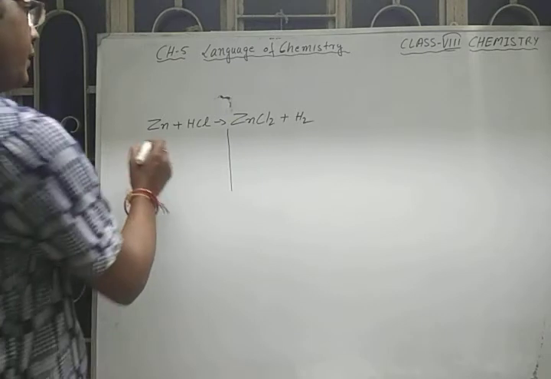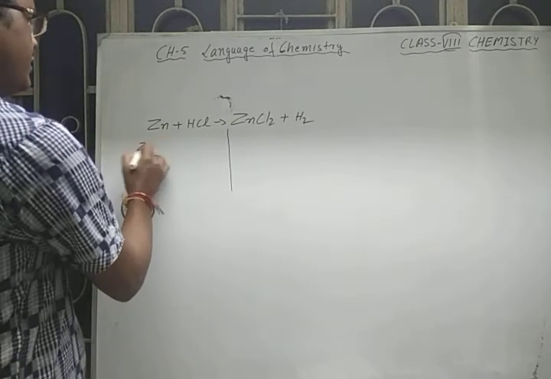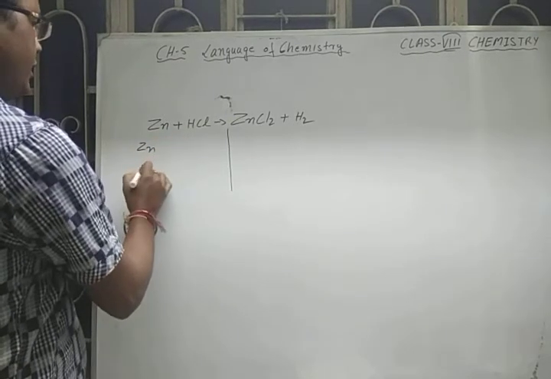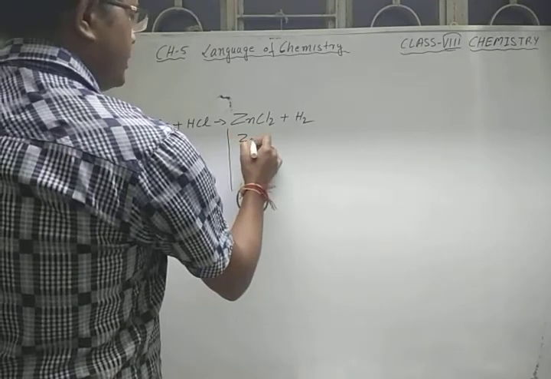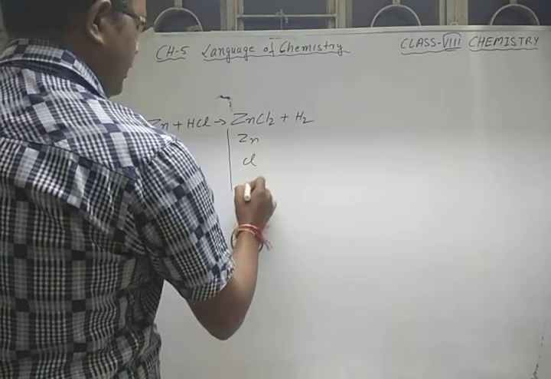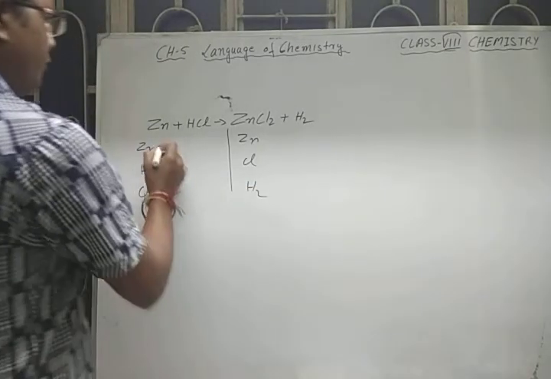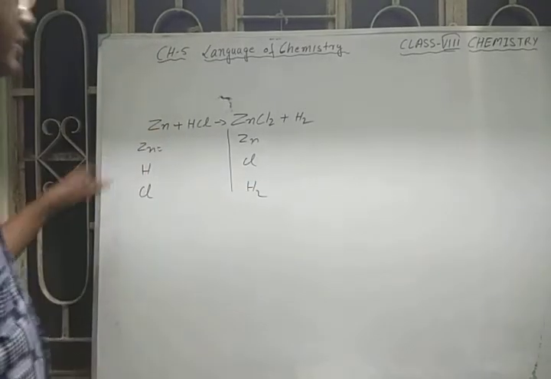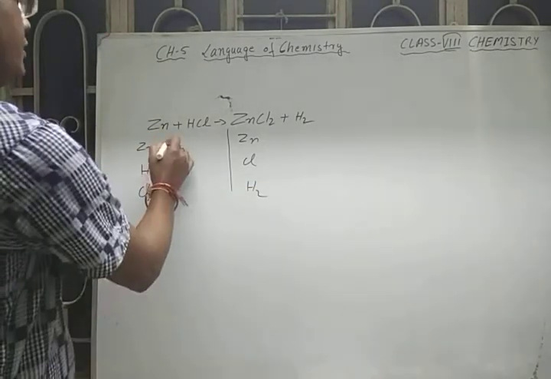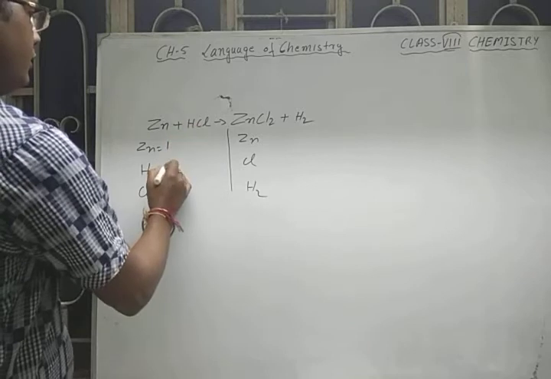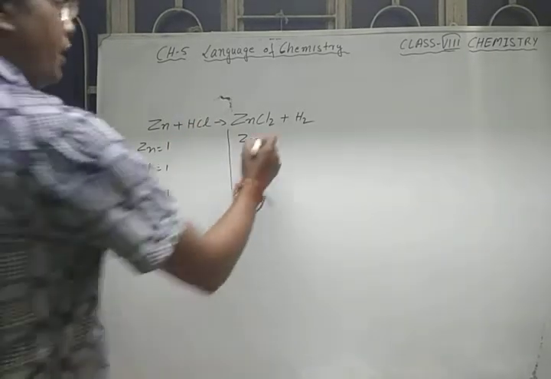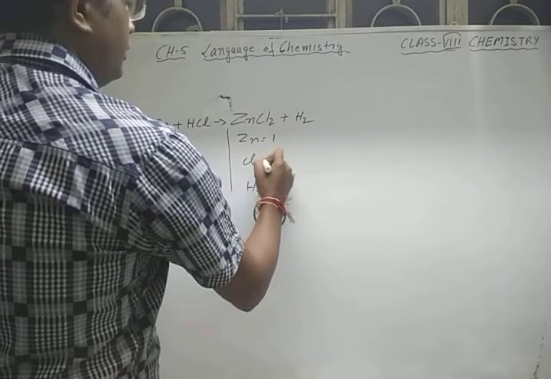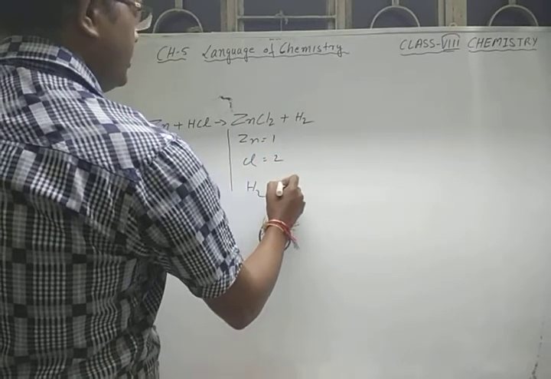Here is Zn, here hydrogen is there and chlorine is there. Here also zinc is there, chlorine is there and hydrogen is there. What is the number of atoms of zinc? No number is written, so it is 1. Hydrogen is also 1. Chlorine is also 1. Here zinc is 1, chlorine is 2, hydrogen is 2.